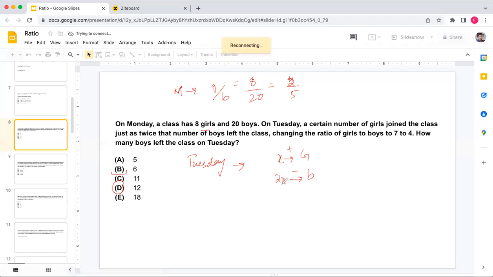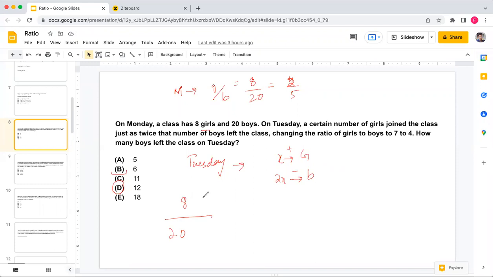And the next thing is the ratio of girls to boys changes to 7:4, right? At first we have 8 girls and 20 boys, and X girls join, and as a result, twice that many boys left, changing the ratio to 7/4.